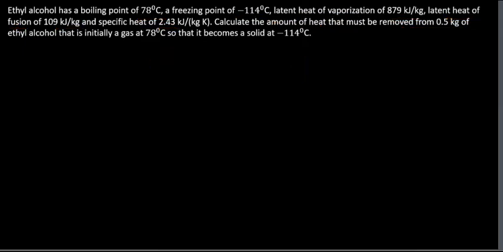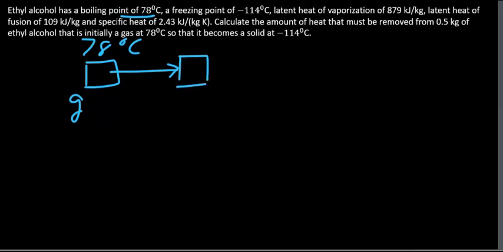So let's see what's going on. First, you have a gas phase, 78 degrees Celsius. Because 78 degrees Celsius is the boiling point, it will first be turned into liquid at the same temperature. So 78 degrees Celsius.